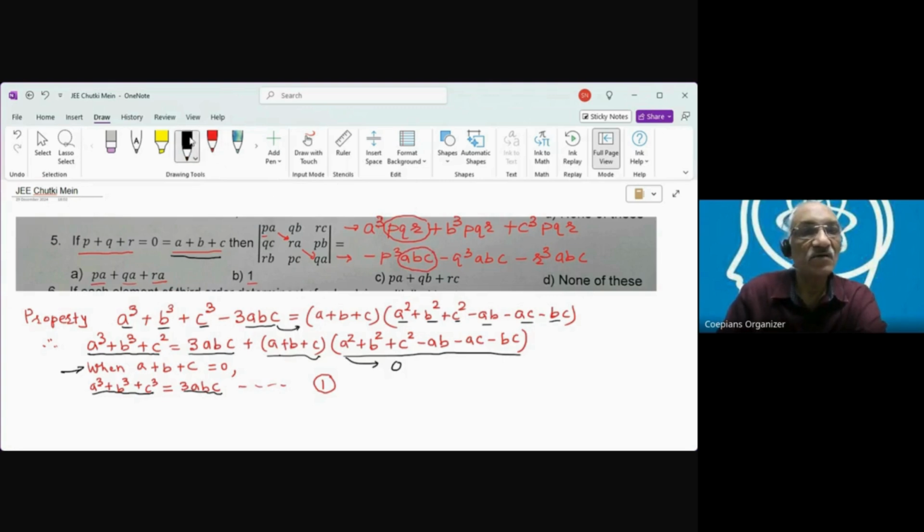So what remains inside is a cube plus b cube plus c cube and minus p cube plus q cube plus r cube. So this is how it will be.